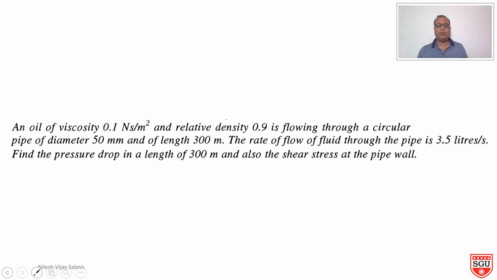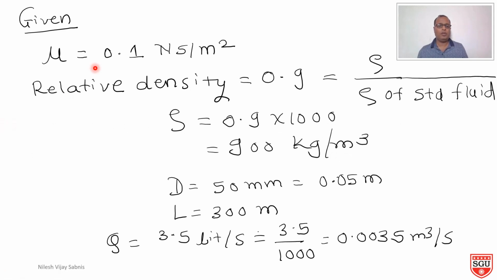So let's see one by one what are the given things and what we have to find out. Given is mu, that is dynamic viscosity, 0.1 Newton second per meter square. Relative density is 0.9, nothing but rho divided by rho of standard fluid. As per the similar problem which we have seen previously, rho is equal to 0.9 multiplied by 1000, that is 900 kg per meter cube.